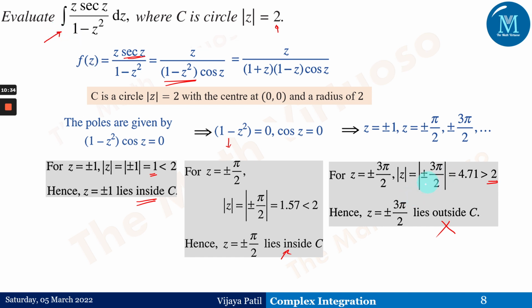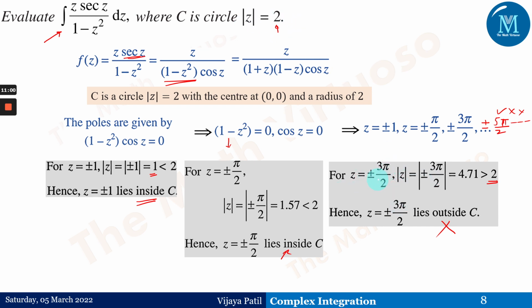So we are not supposed to find the residue at plus or minus 3π/2. The next point will be plus or minus 5π/2, and if 3π/2 is out, obviously all the rest of the points will be outside the circle |z| = 2, and hence we are not even considering them.